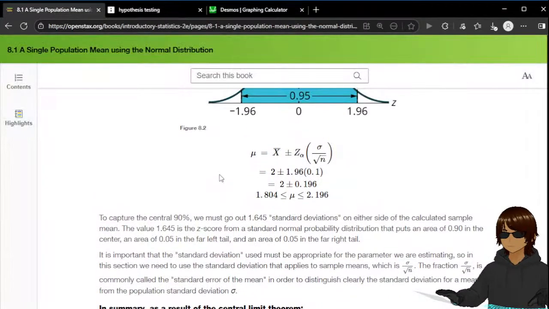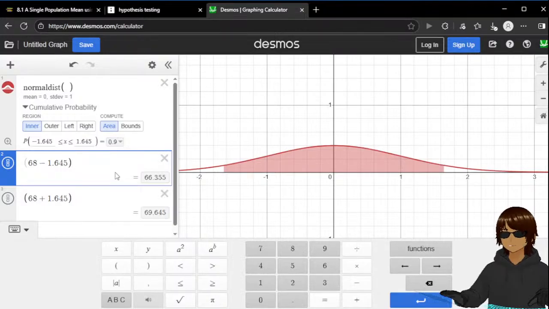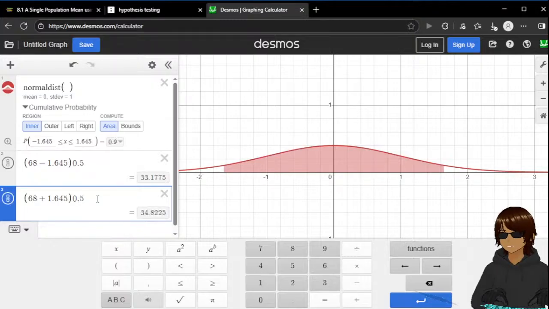Let me think. If I multiply it by half, I get 33 and 34.822.